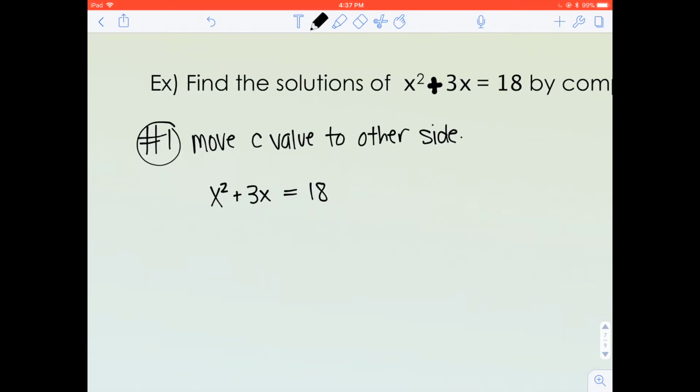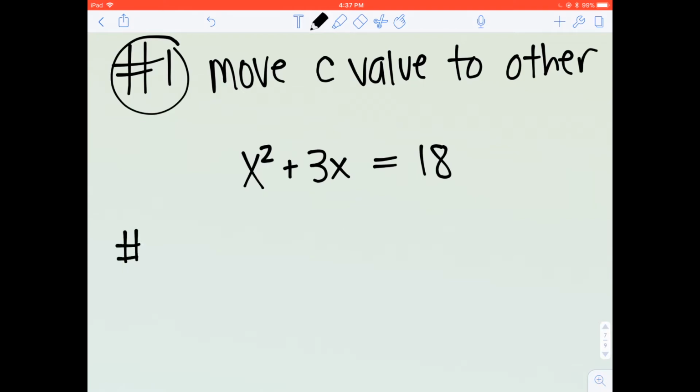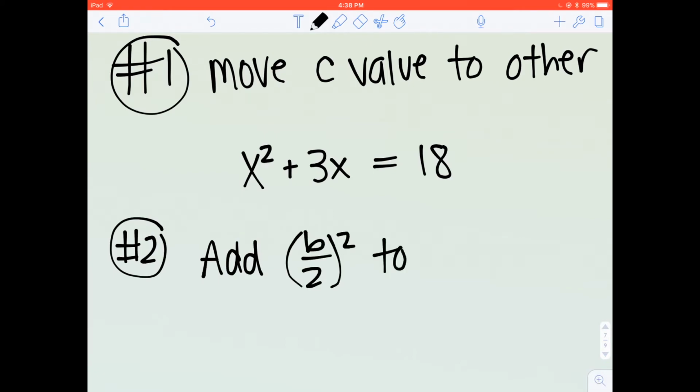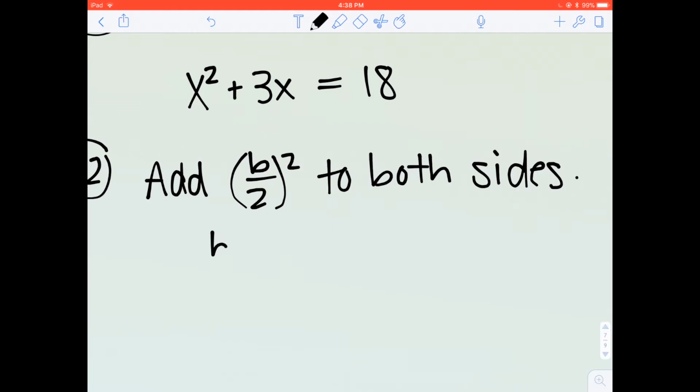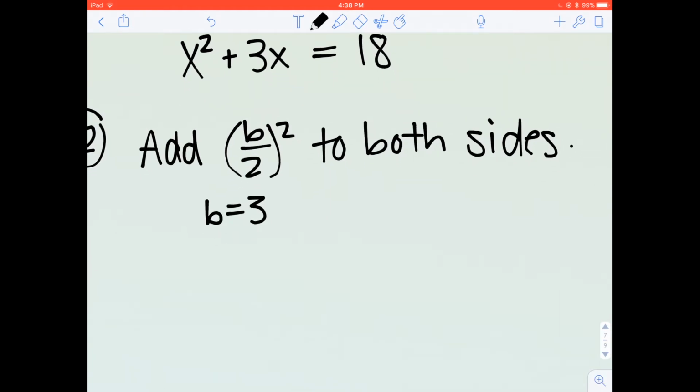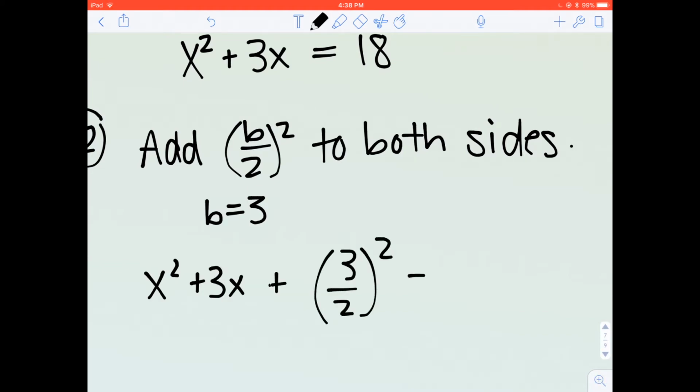Now, if anyone remembers step 2, we're going to add something to both sides. We're going to add b over 2 squared to both sides. Our b term in this case is 3, so we're going to add x squared plus 3x plus 3 over 2 squared to both sides.